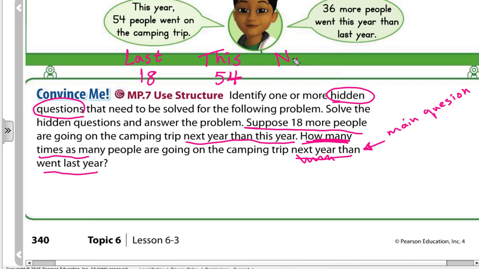No. So, what should you find first? The next year, right? So, this is the heading question. We call this heading question because the first thing that you need to do is find the number of people for the next year.